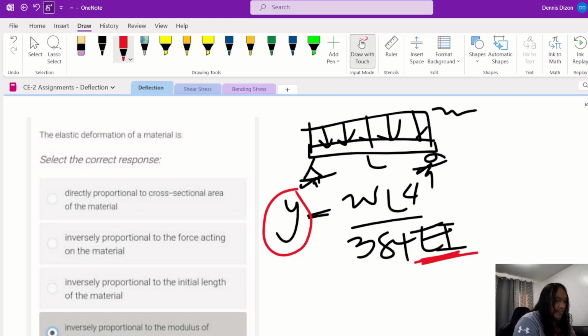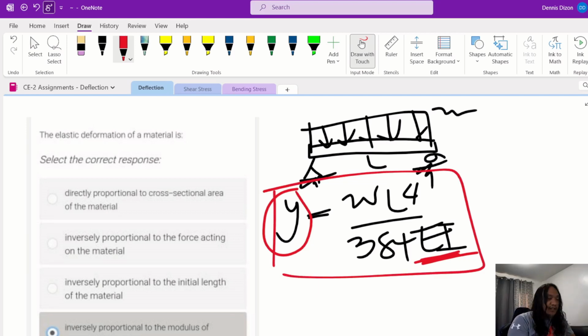say for example, we have on this equation, y is equal to WL to the fourth over 384 EI. The values that are directly proportional to your deflection are this W and your length.